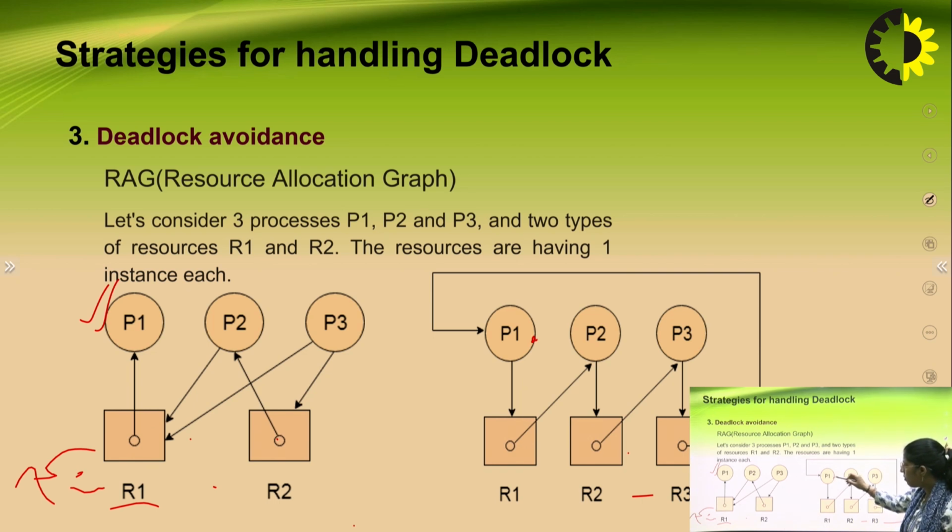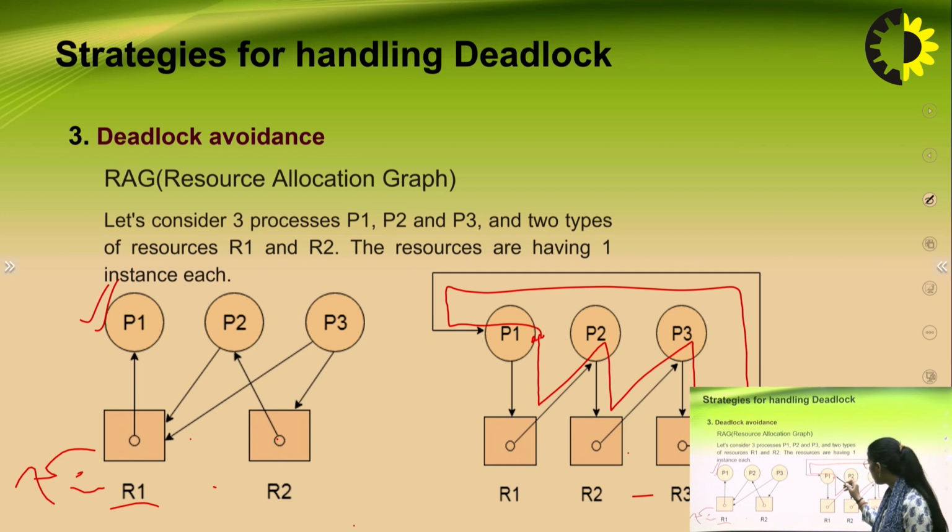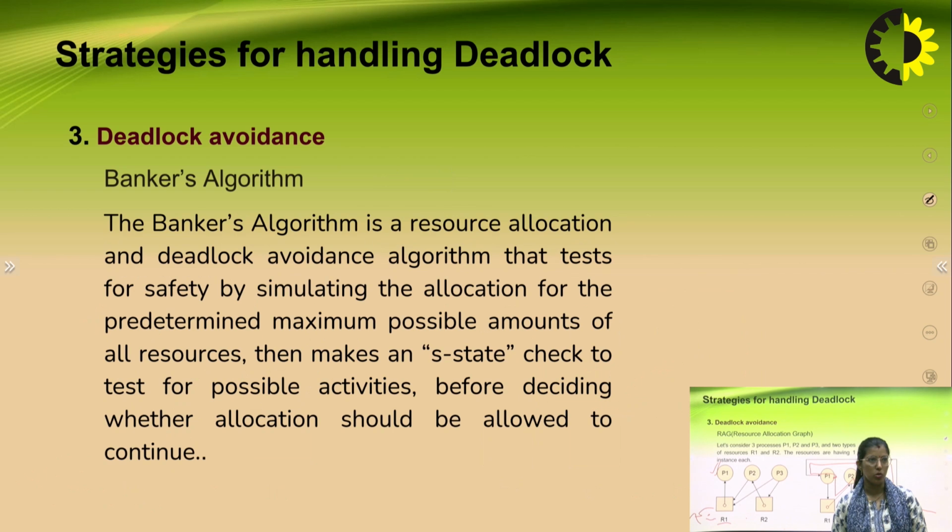Firstly, let's start from P1, as we go here, and now back to P1. So yes, a cycle is formed here. So we can say, without any doubt, that this particular system is in an unsafe state and a deadlock may occur in this system. So that is how RAG, or the resource allocation graph, is used.